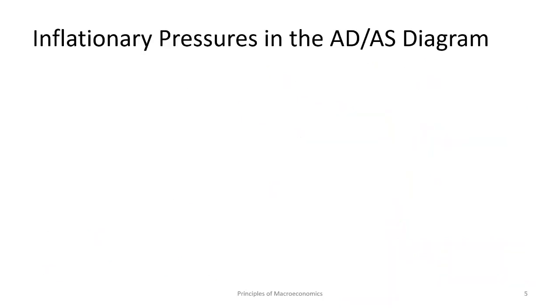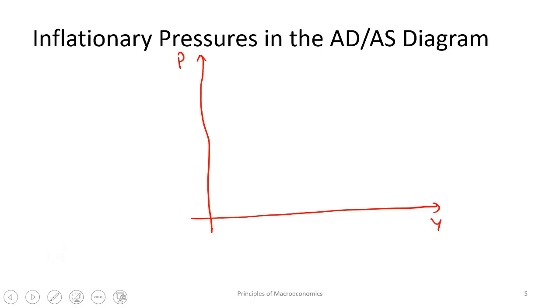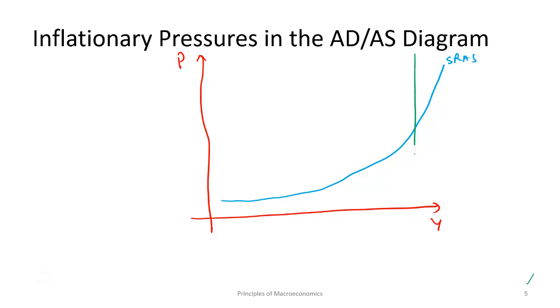Next, I'm going to show you inflationary pressures in the aggregate demand, aggregate supply diagram. Again, I'll start with a long run situation. I'll draw the potential GDP, which is also long run aggregate supply, and Y star is our potential GDP or natural rate of output.